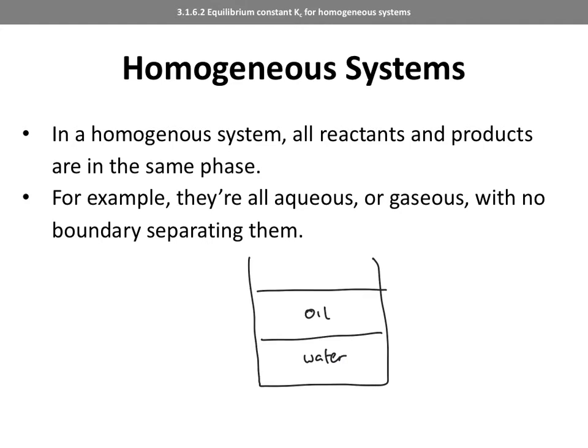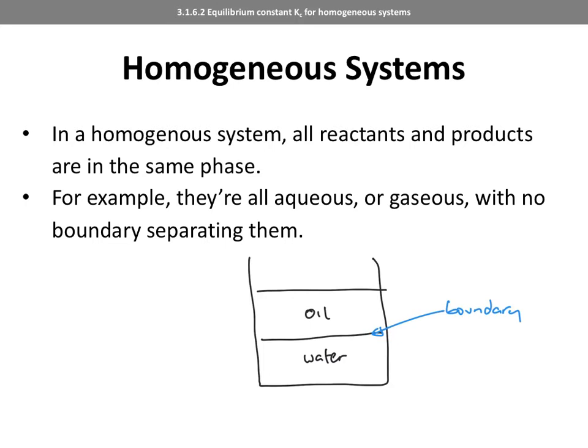So if there was a reaction that was going to take place between oil and water, and that's an if, it could only take place where the boundary is between them. So we essentially have two systems, I guess, is one way of thinking about it, but with a point at which they meet.